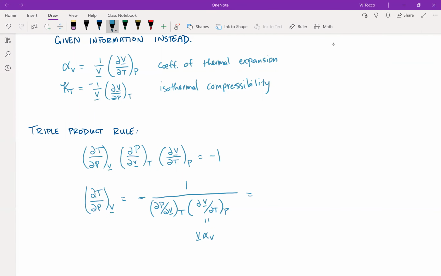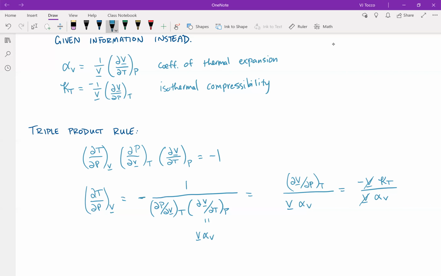So we can say this is equal to dV/dP at constant T over V times alpha. And then we can say that this dV/dP term is equal to minus V kappa. So minus V kappa over V alpha.